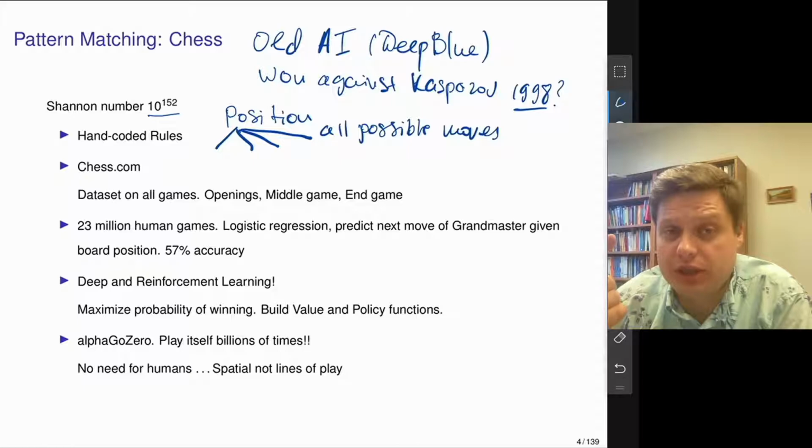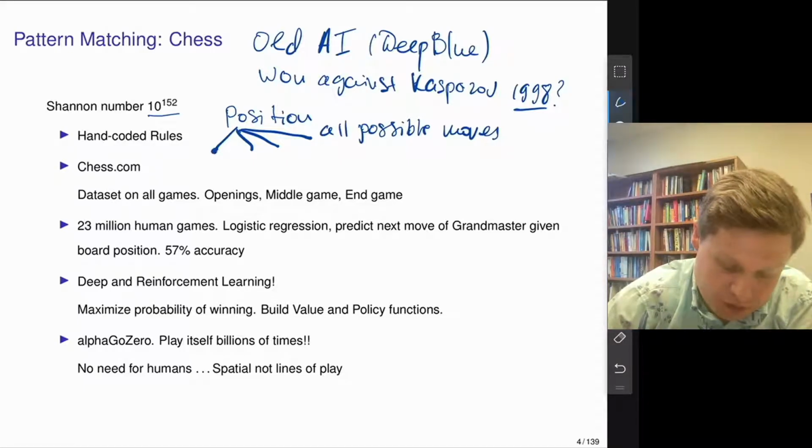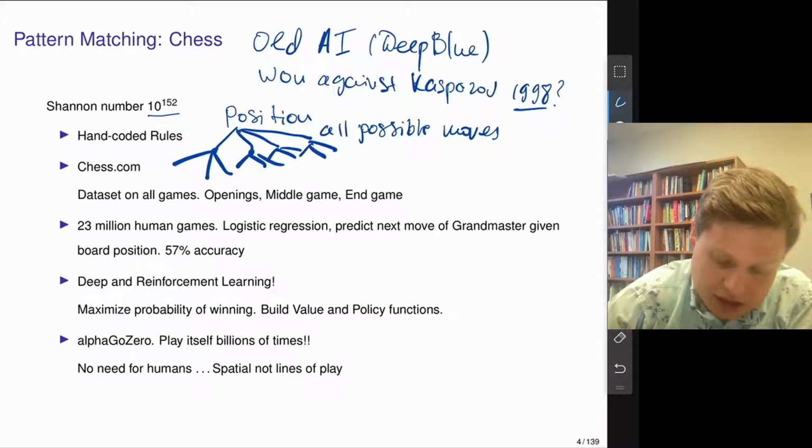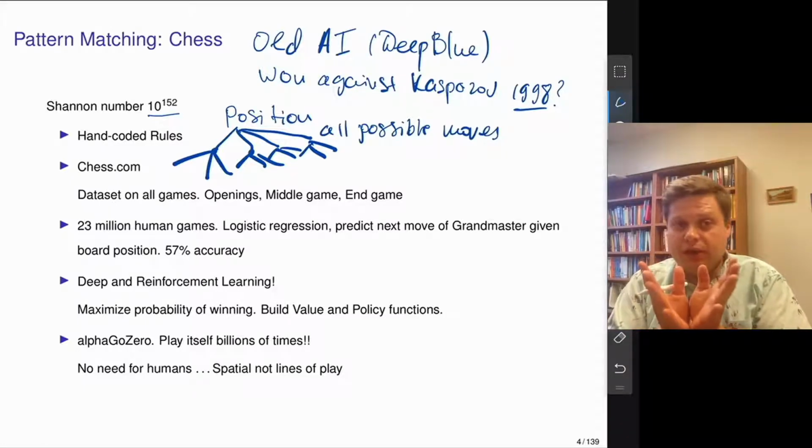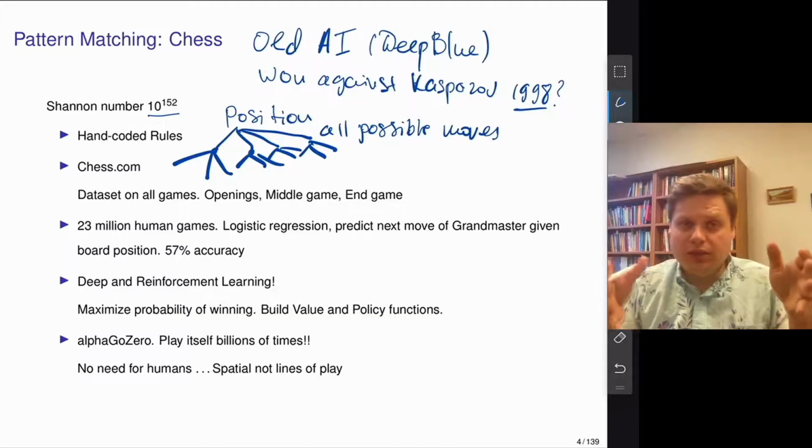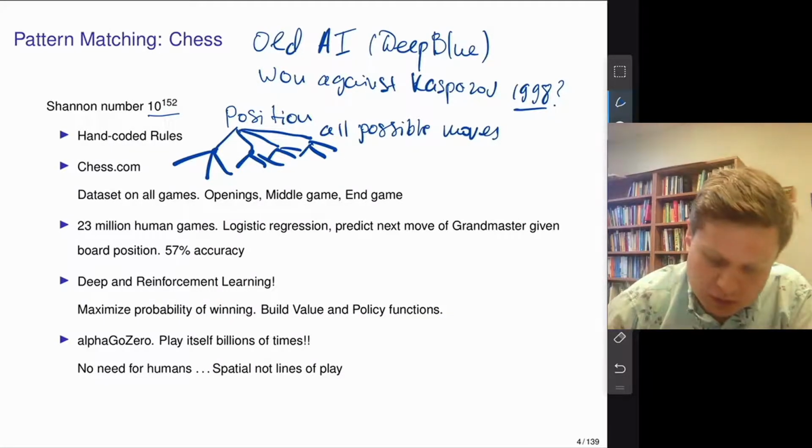But then the machine analyzes what happens after the first move. So after the first move, it analyzes the next possible move. And for this move, it does the same thing. And it keeps doing that. And essentially, you build this very wide and very deep tree of all possible moves, and the machine is trying to do it up to 17 moves.